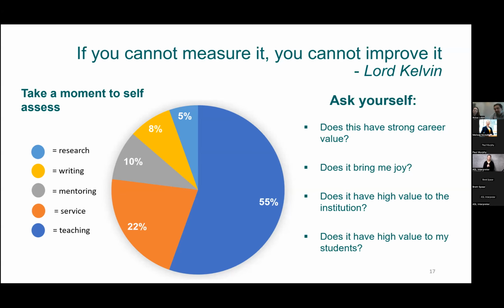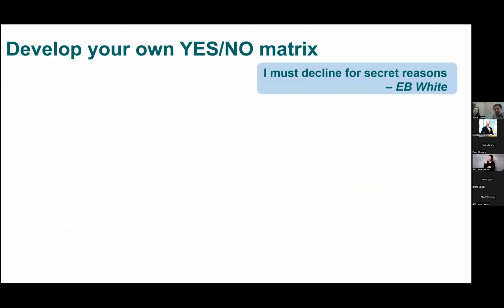If you start to ask yourself, does where I'm spending my time lead to a stronger career? Does it bring me joy? Does it have value for the institution or my students or myself? As you start to ask those questions when you look at this pie chart, this gives you the tool to build and develop your own yes-no matrix.